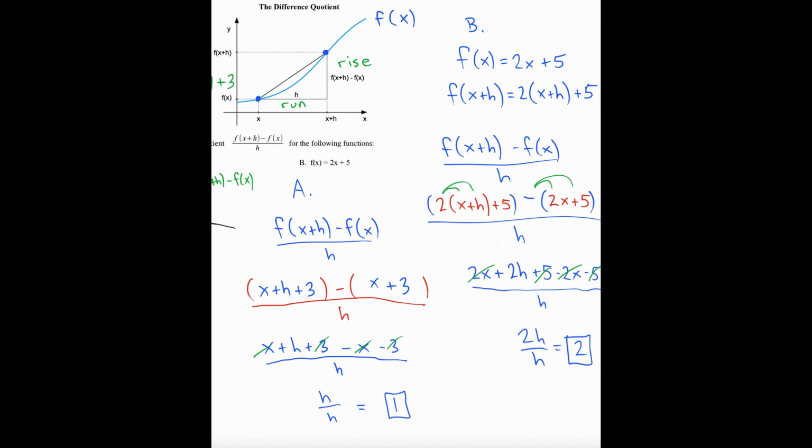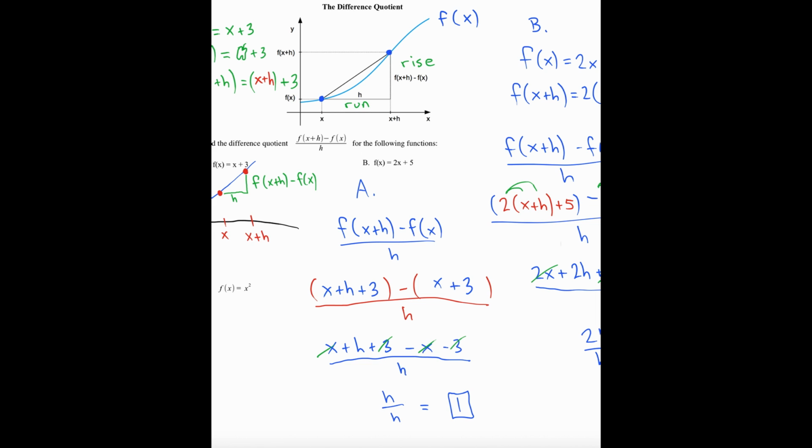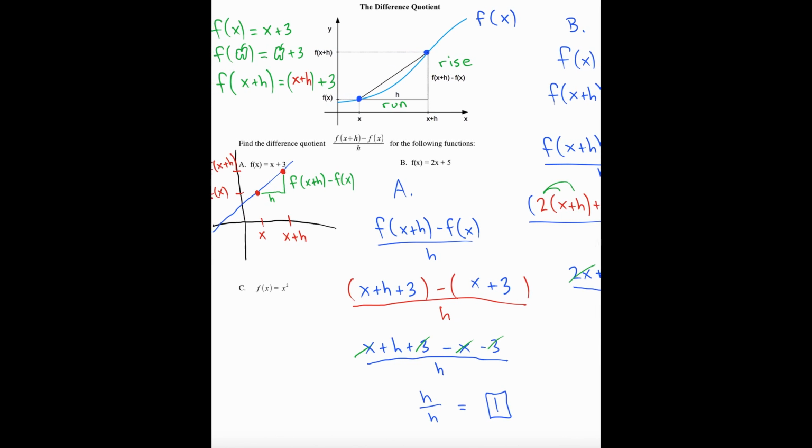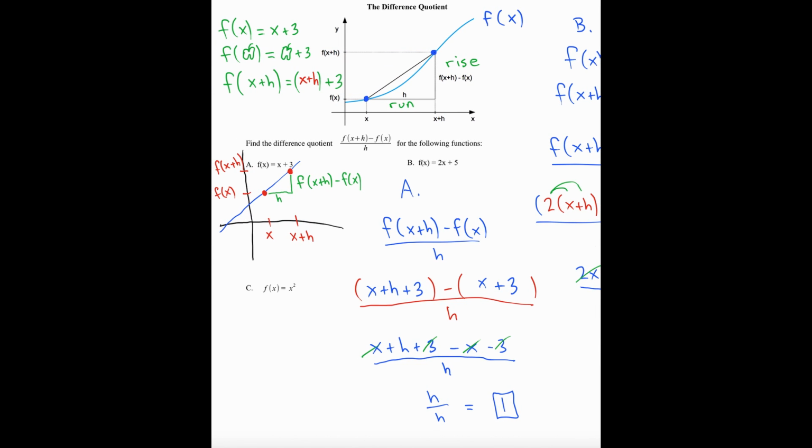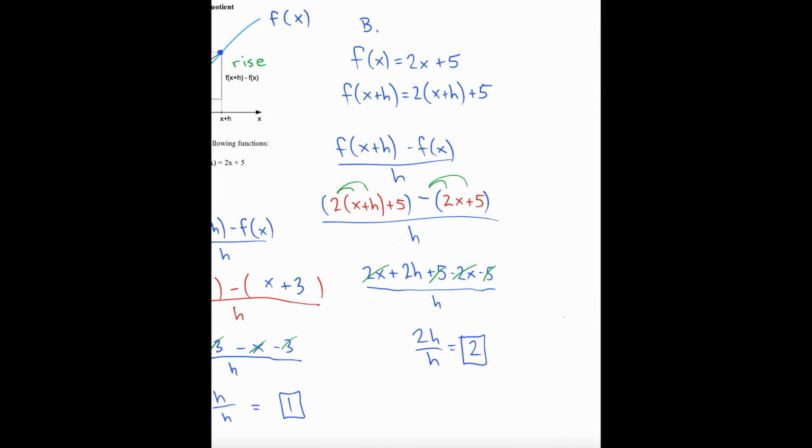So now we want to look at one that's more complex. And that is C, which is f of x equals x squared. I'll move way over here to do that one.